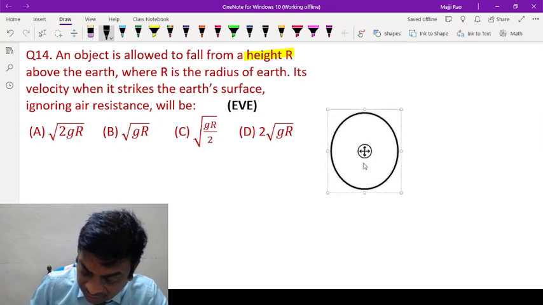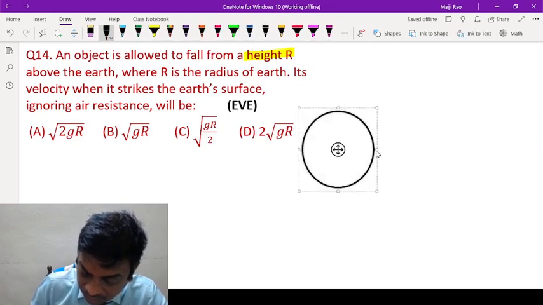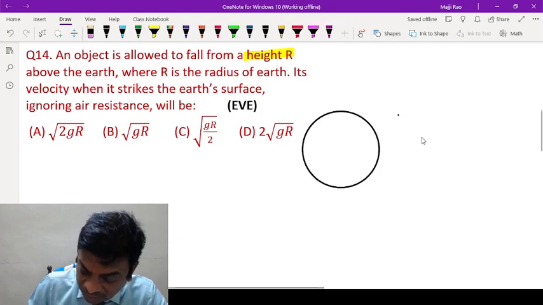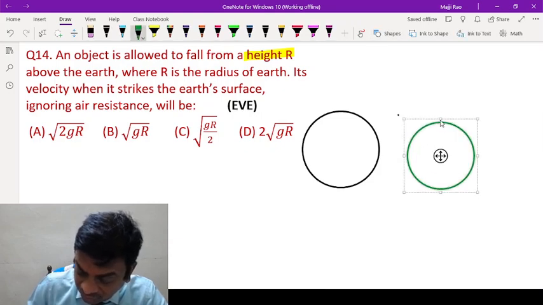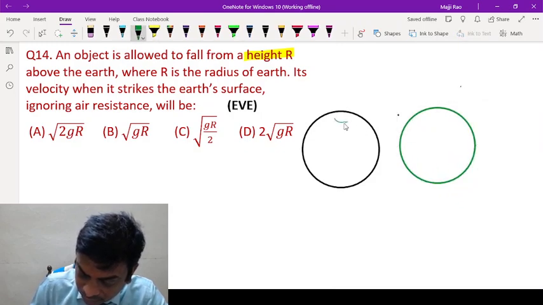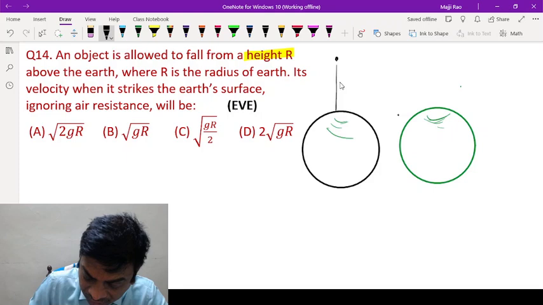So this is the earth, and draw two different earths for two different situations. Now in the first situation, it is dropped from a distance equal to r.